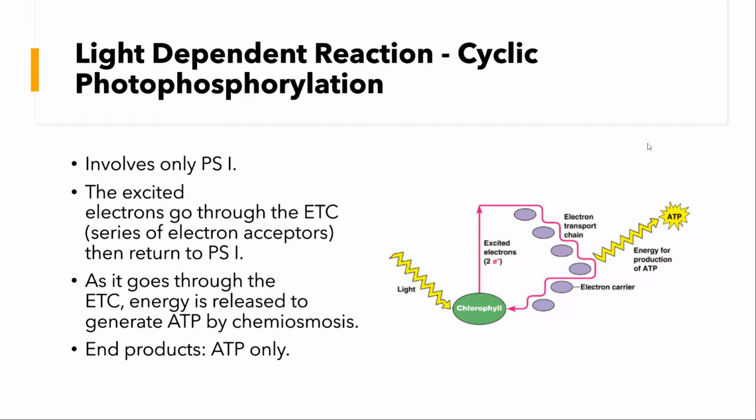So since hydrogen ions move by, you're going to have energy, and this energy will contribute to chemiosmosis, which is the production of ATP by the hydrogen ions concentration. Hydrogen ions flowing through the protein. In cyclic photophosphorylation, our end products are ATP only.